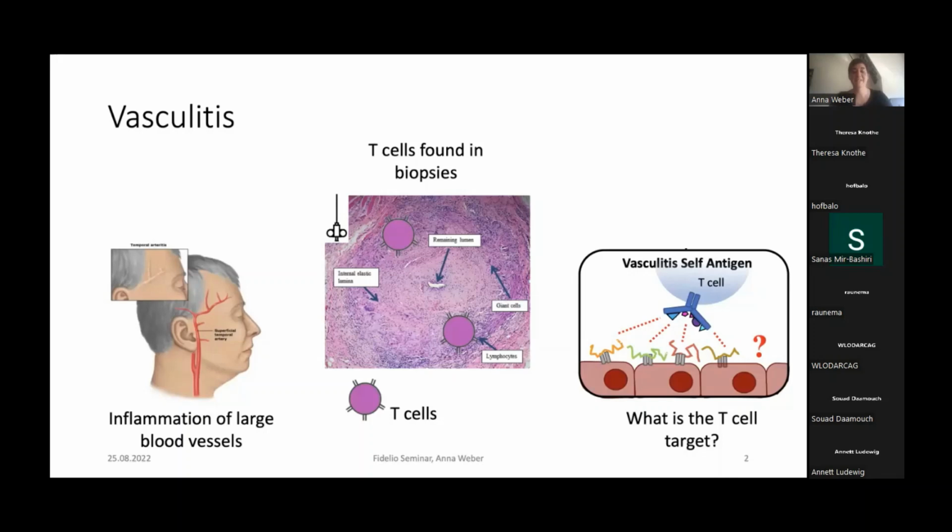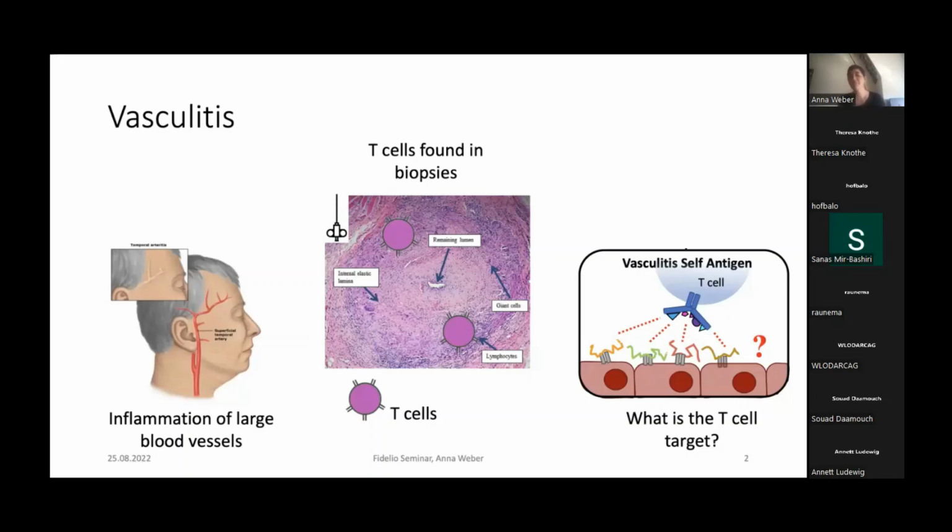Right. So what is this project that I'm going to use as my example? I'm part of a consortium, and the goal of this consortium is to fight an autoimmune disease called vasculitis. And those of you who've had Latin in school will have already translated this as inflammation of vessels.